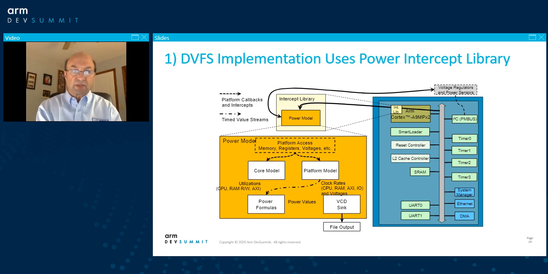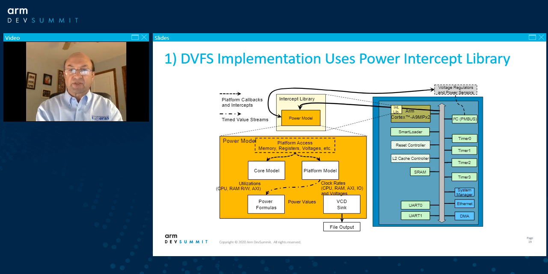This power model understands the processor core, it understands the rest of the platform. It has formulas in here effectively understanding the power consumed per instruction that's executed. It also understands clock rates and various other parameters. And it provides a file output.